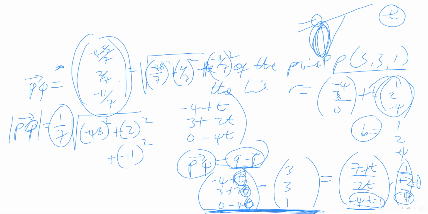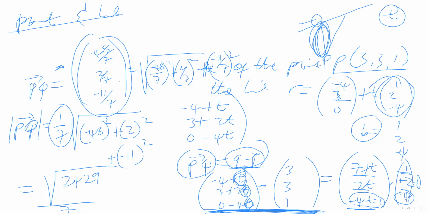And so from there, you actually realize that the distance or the magnitude you're talking about is root 2429/7. That's all we needed to find. So that's a distance. So that is finding the distance between a point and a line.